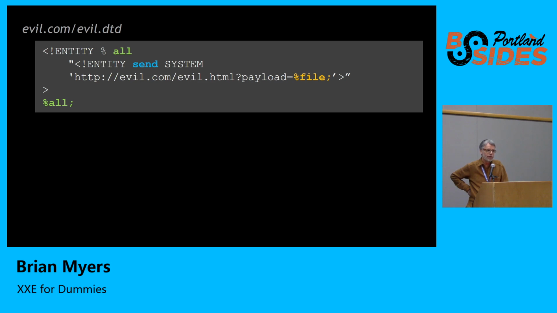So this is the external DTD file that I'm going to put on the evil.com server. It's got a nested set of entity definitions, but the core one in the middle is absolutely recognizable. That's the evil.com payload with an entity that can expand to the contents of the file I want to steal.